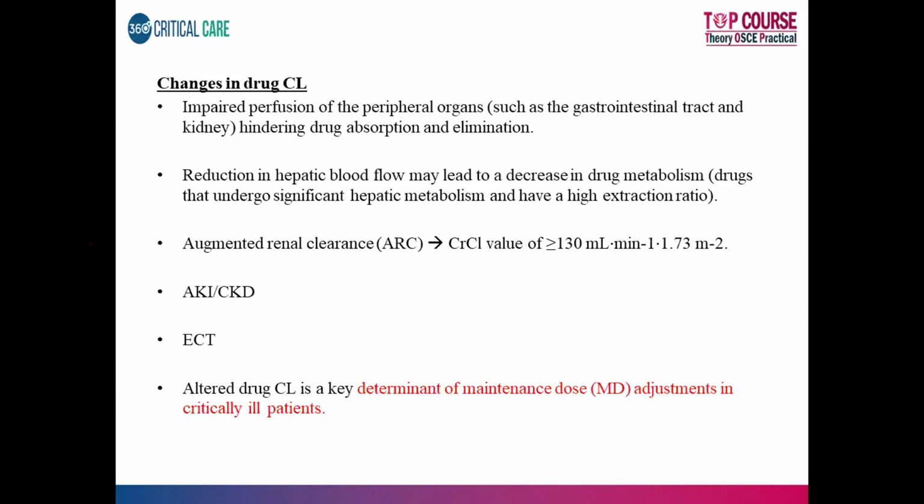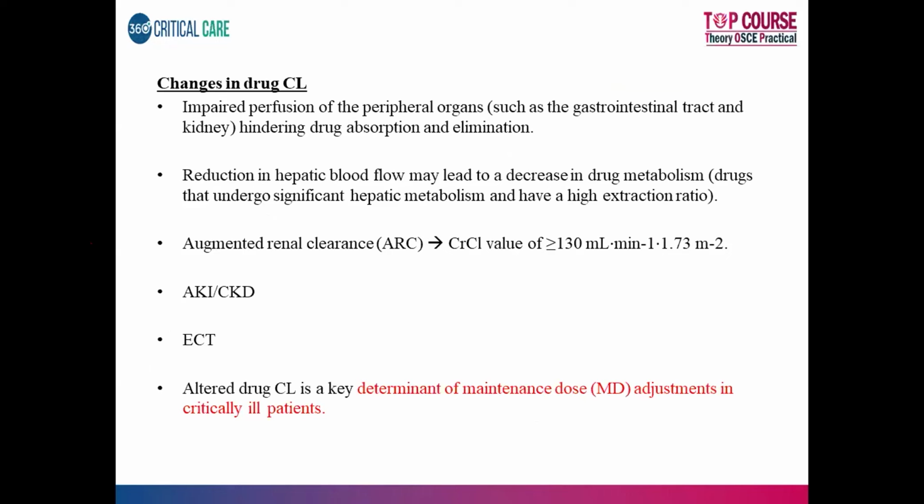Okay, now second, drug clearance. What causes the changes in the drug clearance? First, because of the sepsis, there is impaired perfusion of the peripheral organs, especially your GI tract and your kidneys, hindering your drug absorption as well as elimination. Second, there is also reduction in the hepatic blood flow, which may lead to decrease in the drug metabolism.